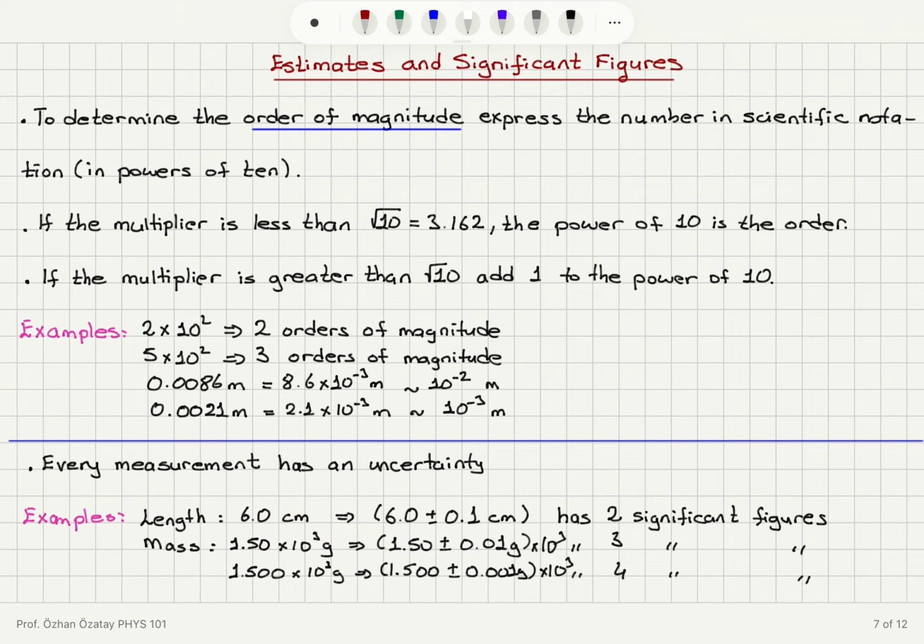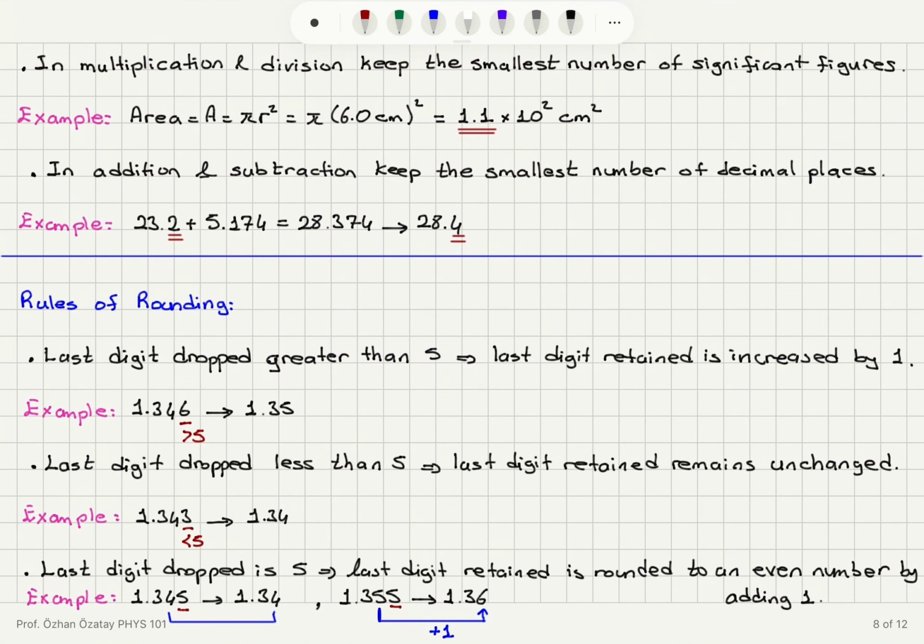It's 6.0 centimeters, and we're trying to calculate the area of the circle, which is pi r square. So we have two significant figures in the radius, and we have pi, which can have many digits after the decimal point. So we're going to keep only two in our answer. So our answer is 1.1 times 10 to 2 centimeters square. So we only keep two digits.